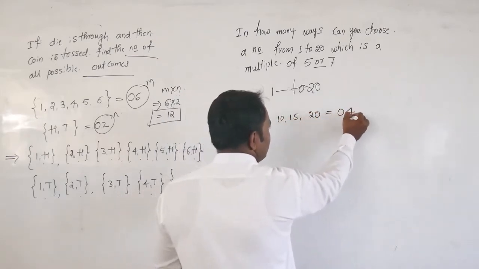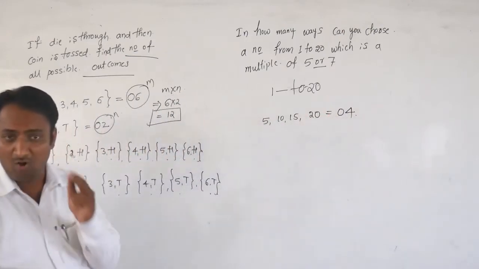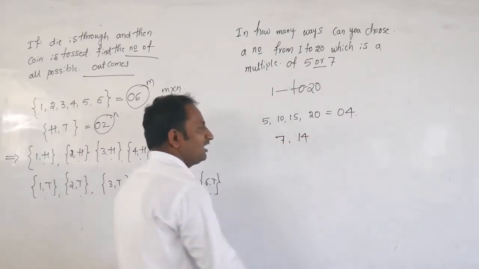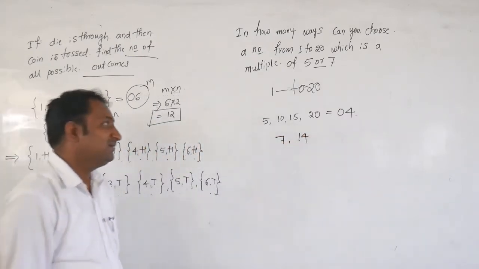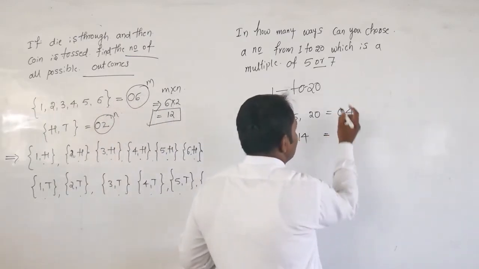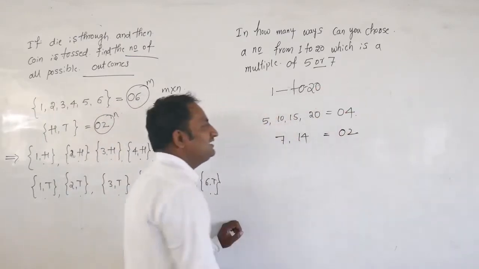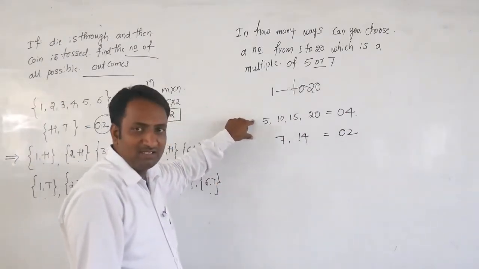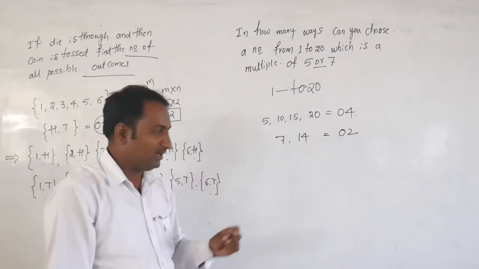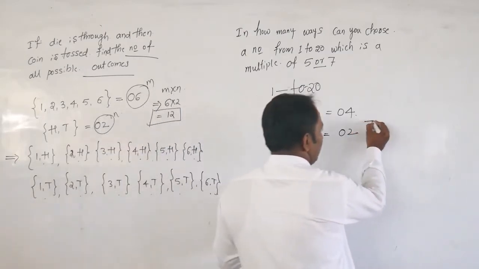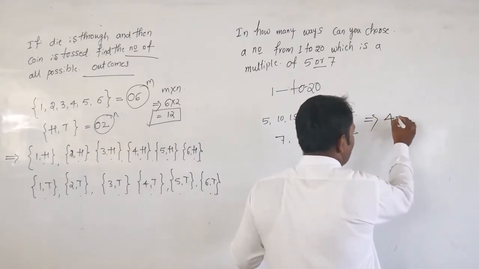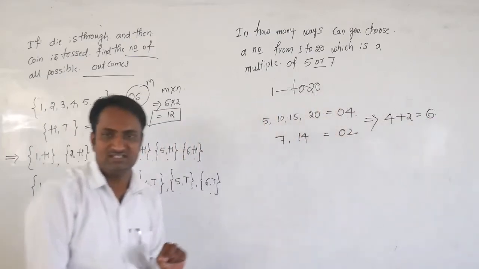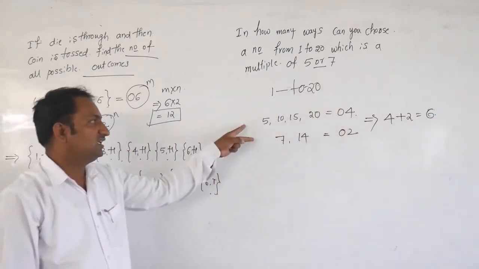These four numbers are multiples of 5, and 7, 14 are the multiples of 7. These are unique elements and mutually exclusive numbers. That is why we can choose in 4 plus 2, so there are 6 ways.